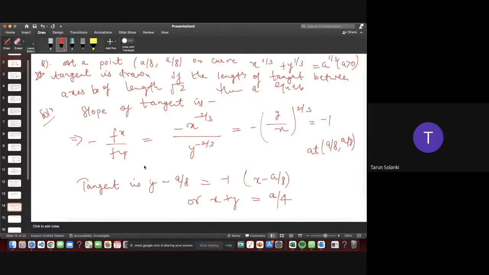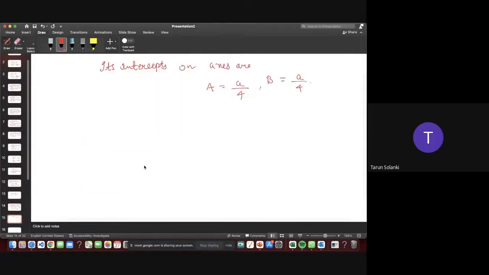So we have drawn the tangent. So the portion of the tangent intercepted between the axes will be under root of a square plus b square, which is equal to under root 2, right?